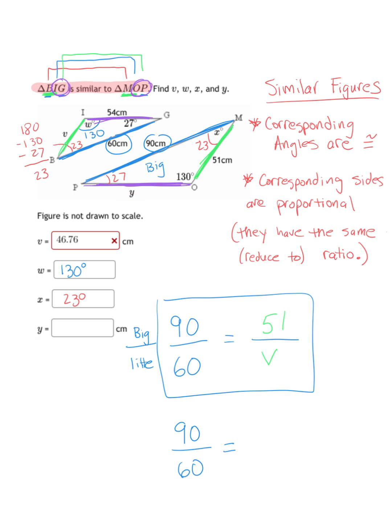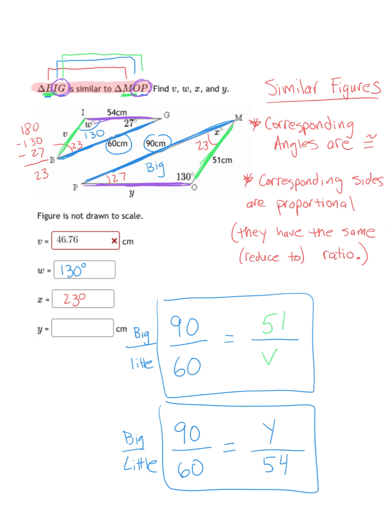So since I'm going big over little, that means that the Y now has to be on top. Y corresponds with 54, big over little. And there is your proportion to find Y. So now you can cross multiply and solve for those.